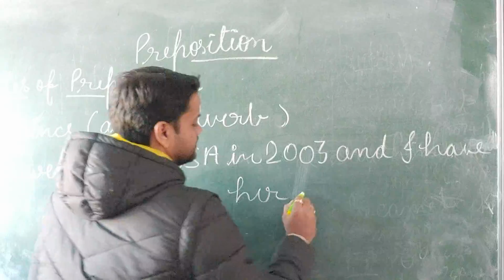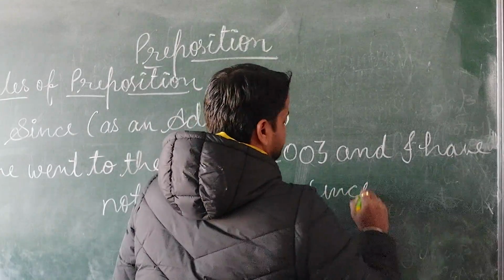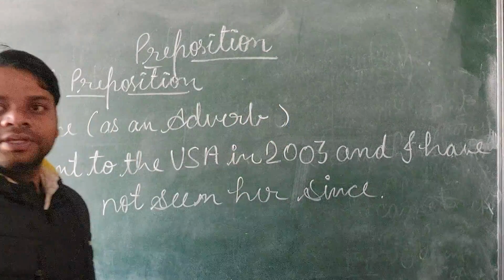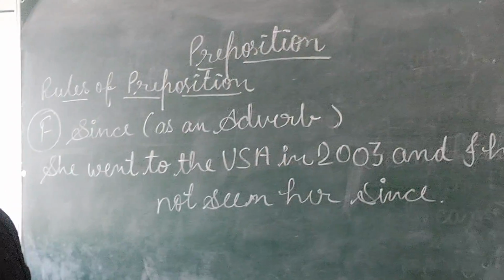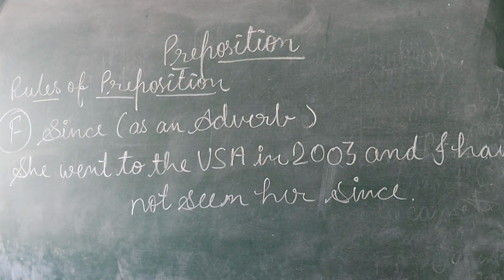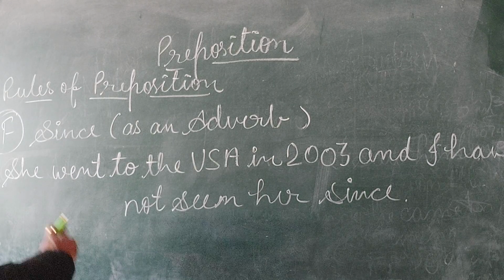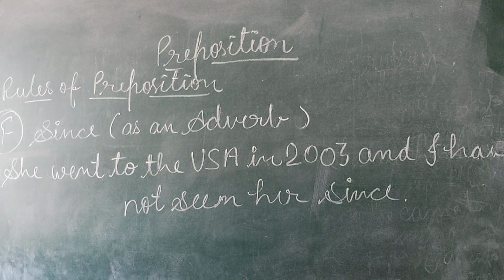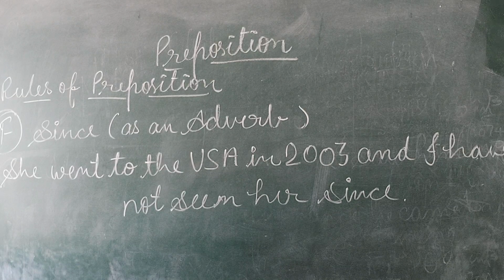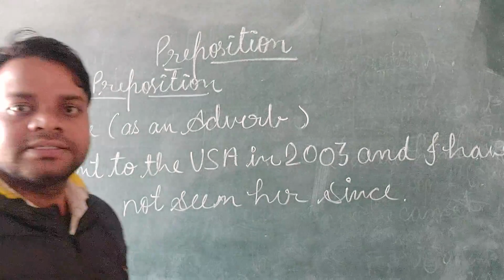She went to the USA in 2003 and I have not seen her since. Here you can see how it is used as an adverb. She went to the USA in 2003 and I have not seen her since.